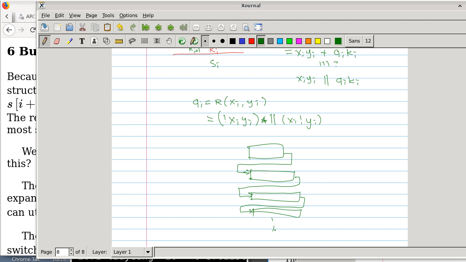I'm just focusing on one part of it that expresses a dependency. In order to calculate bit k, you have to know one of the results of the previous column, k minus 1. In order to calculate bit k minus 1, you have to finish the calculation of k minus 2, and so on, all the way back to bit 0, okay?